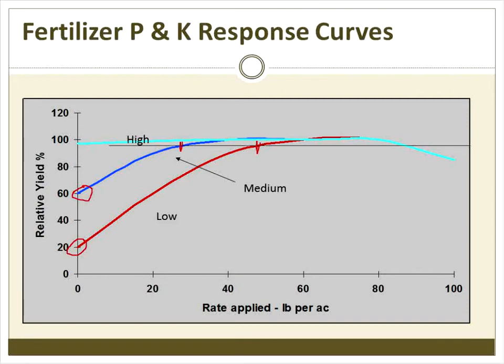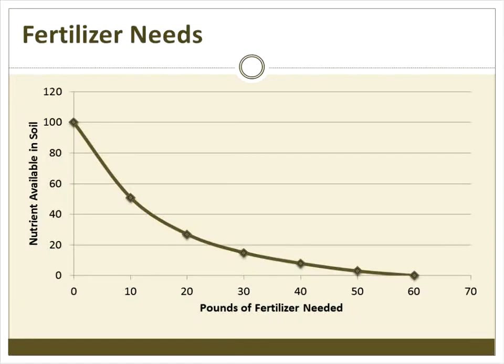So this is basically getting at the concept of low fertility soils versus medium fertility soils versus high fertility soils. The other thing that comes out of this graph is that if you have a high fertility soil, you don't need to apply any fertilizer whatsoever to achieve that 95% yield, because you've already reached that capacity. So this is that sufficiency type of model.